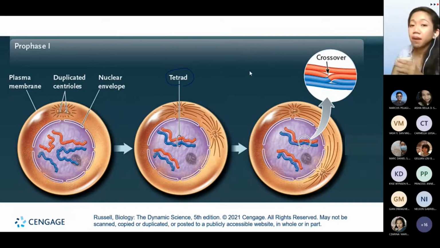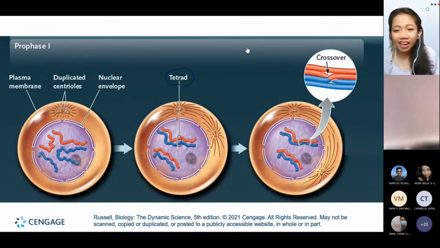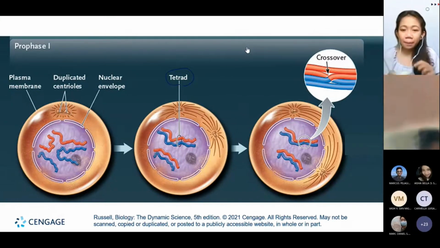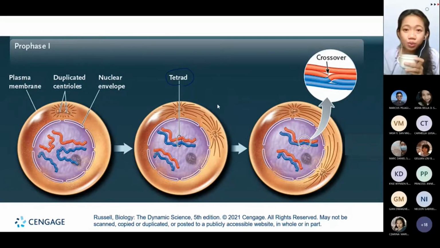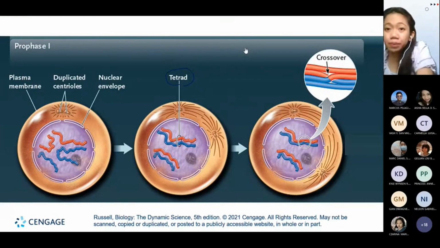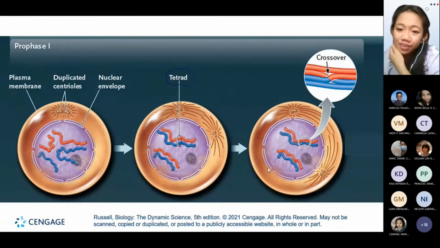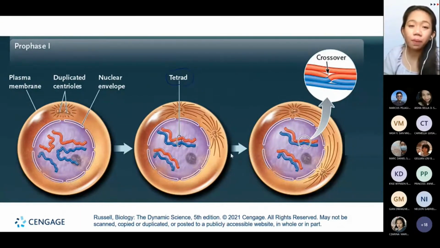Pag sinabing tetra pack, tetra. Sarah, how about you? You were raising your hand? 4 po. Yes, the answer is 4. Vin also said 4. So, tama yun, 4.